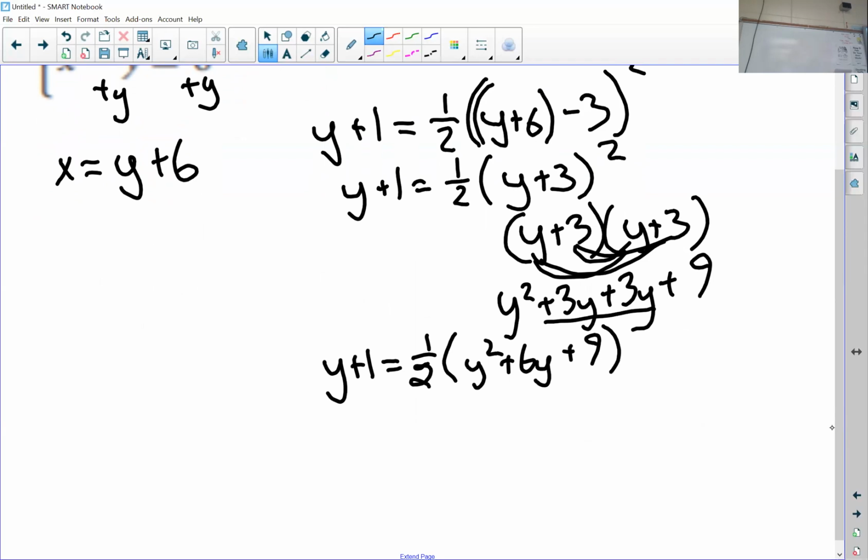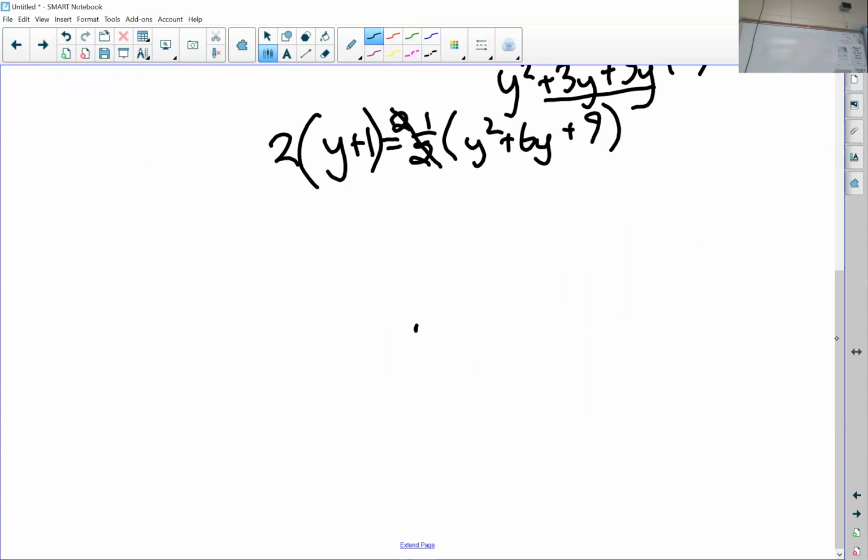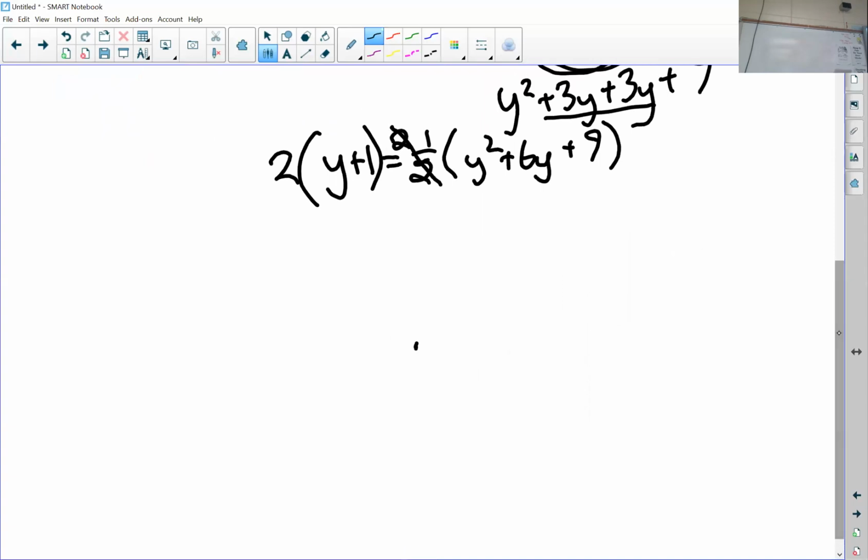So what I'm going to do is multiply by its reciprocal to make that go away. Now we're cooking, right? That's a whole lot better than having fractions. So we should multiply everything over here by 2 as well. So 2 times y, 2 times 1.